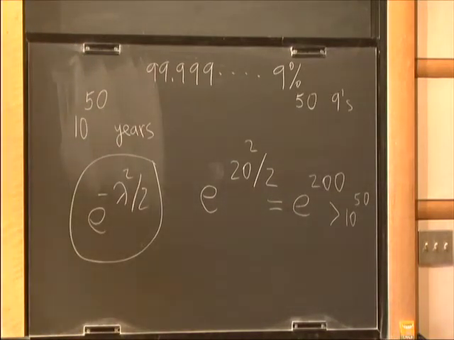So, actually, now there is a famous theorem, the Kronecker-Weyl equidistribution theorem, which tells you what happens if you have infinite time.